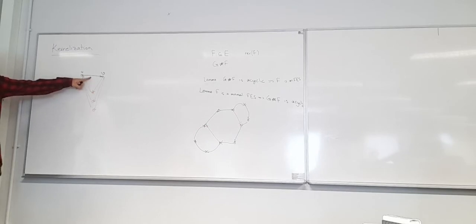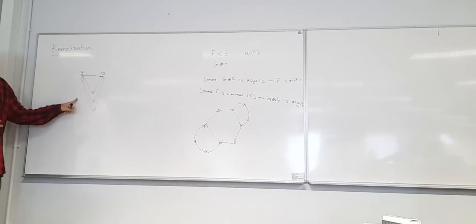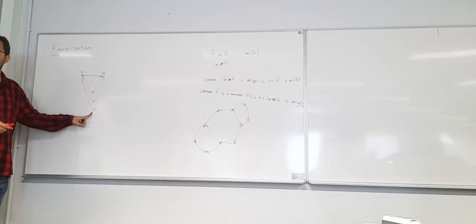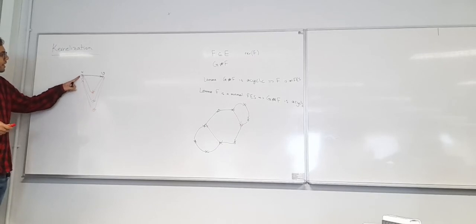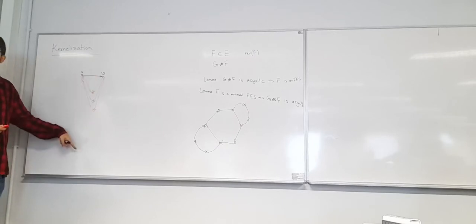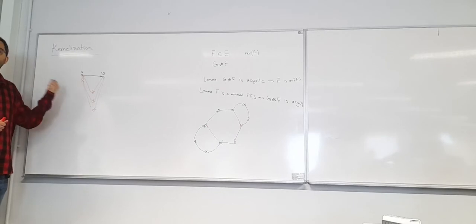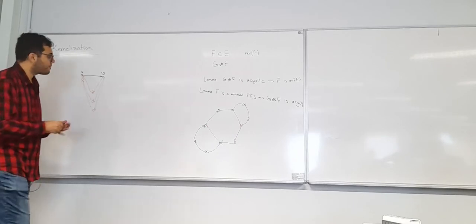So if I don't reverse this edge, I have to reverse at least one edge in each one of these triangles. So if I have more than k triangles, I wouldn't be able to do that. So my first reduction rule is if I find an edge UV that is in more than k triangles, I have to put that edge into my solution. I have to definitely reverse that edge.